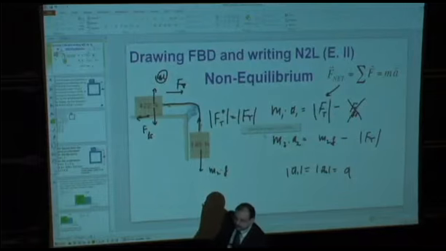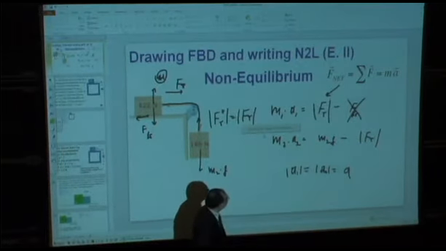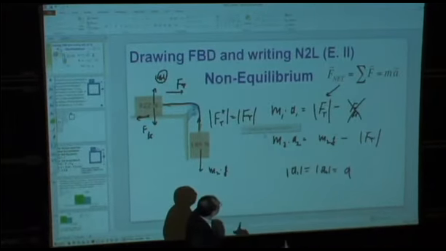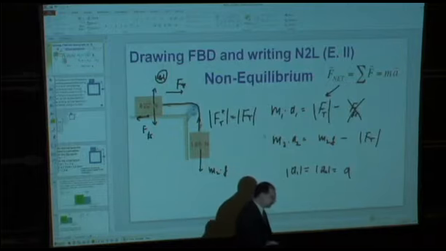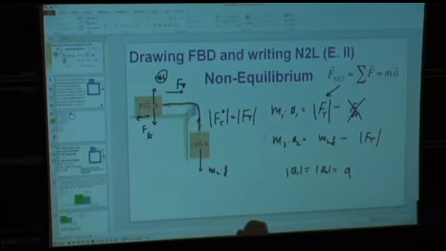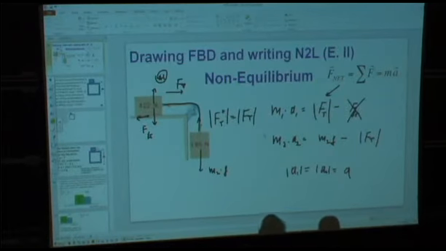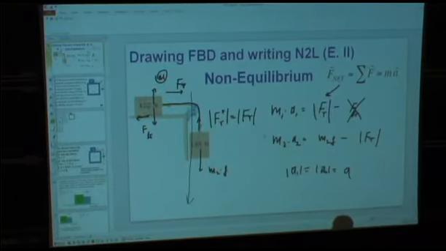Yes? Can we use the tension minus m times g here, in the second equation? Yes, you can. And what I didn't mention, because I was rushing, is that in my mind, in this particular situation, I pointed the positive y direction down.